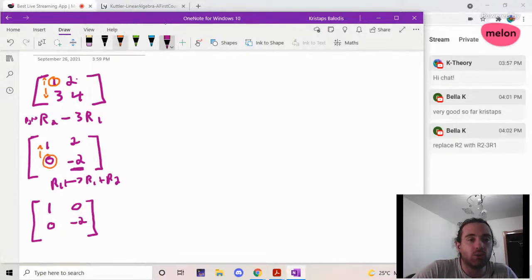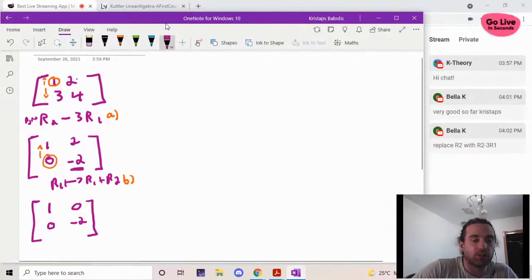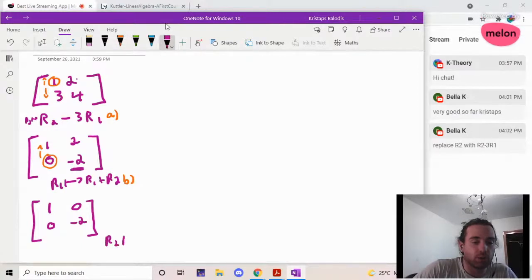But now let's consider the elementary matrix, right? So if I take, let's apply each of these row operations. So maybe I'll call this little a, I'll call this one little b. And then the last row operation we can see would be to go row 2 multiplied by 1 over negative 2 times row 2.